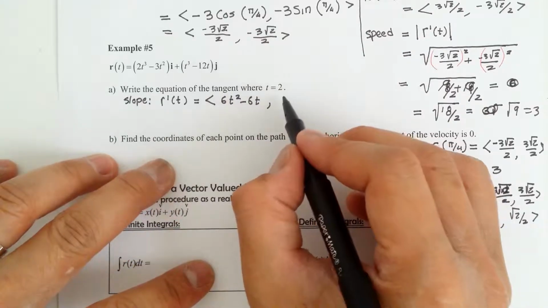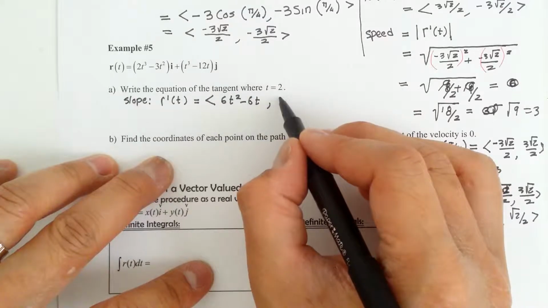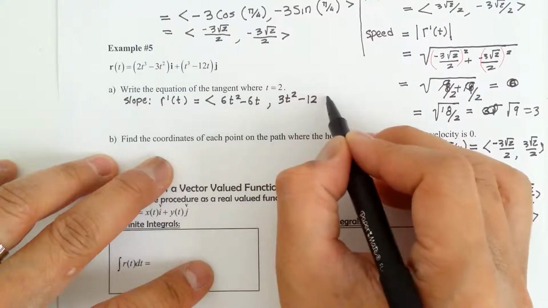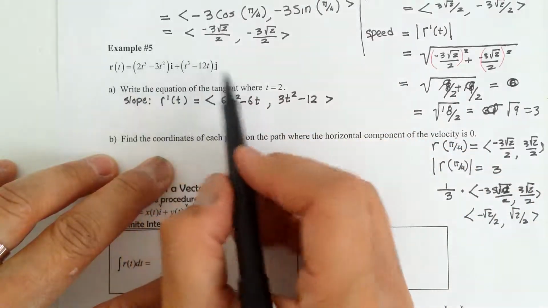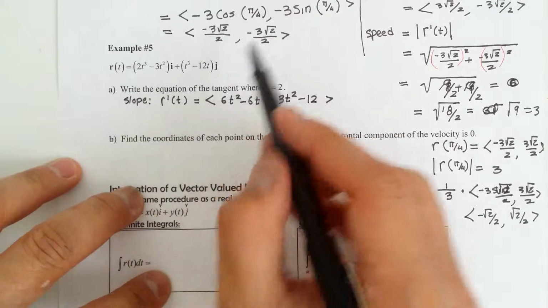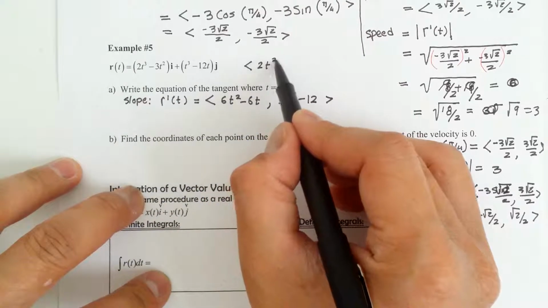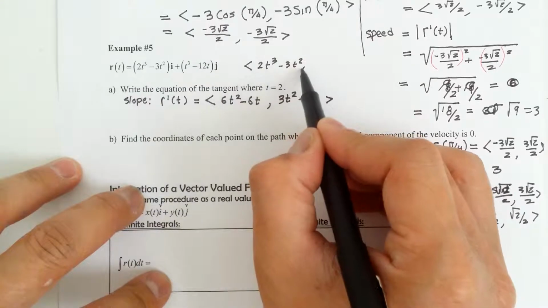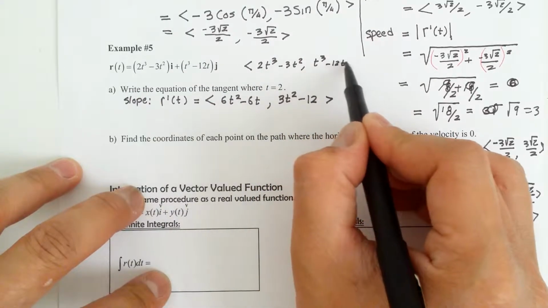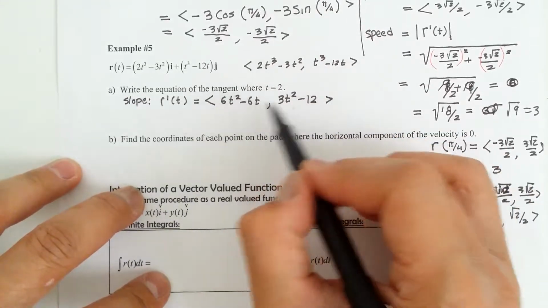And then for the y component, it will be 3t squared minus 12. Remember that vectors can be written in many different ways, okay? So I just decided to write this in vector form, and then I took the derivative instead of writing in the ij form. So I took the derivative of this, that's how I got that.